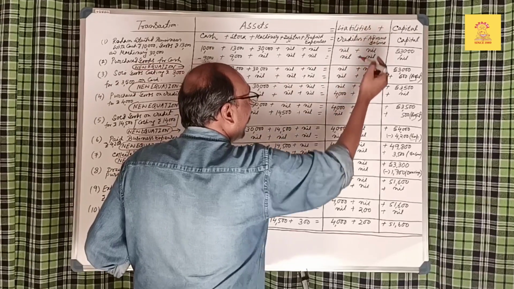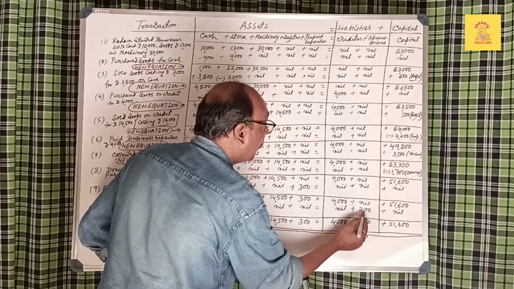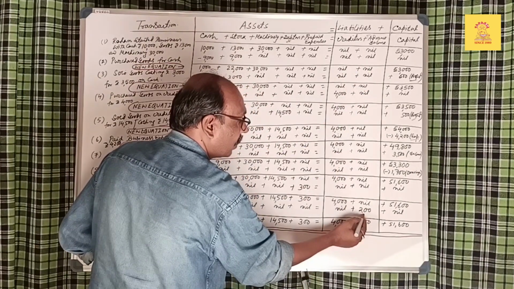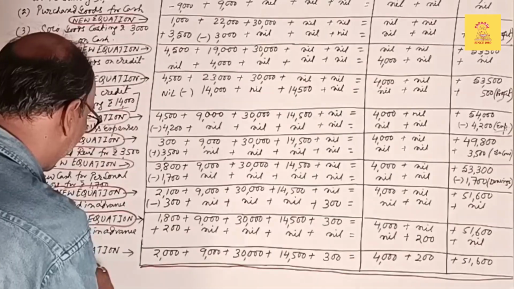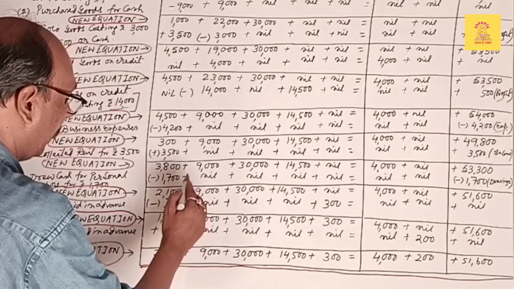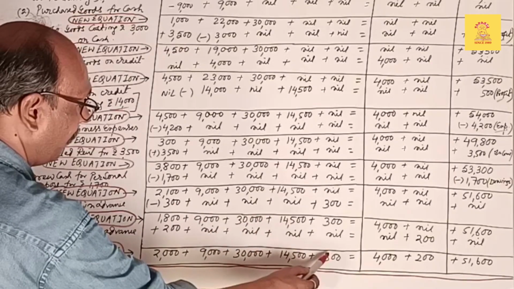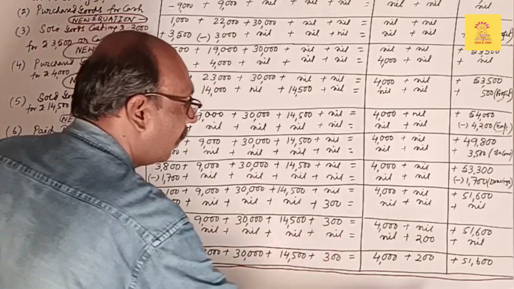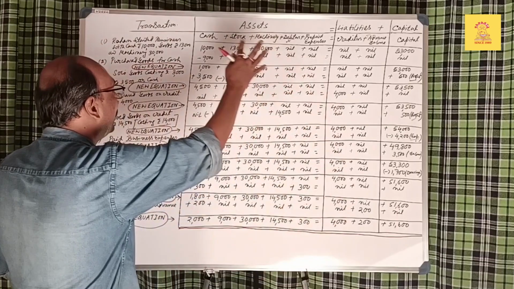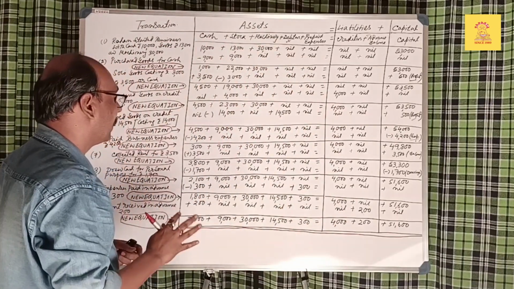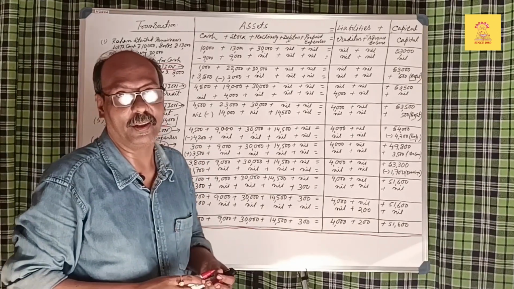Here advance income is 200, so your liability increases by rupees 200 and there is no effect on capital. So the final new equation becomes 2,000 plus 9,000 plus 30,000 plus 14,500 plus 300, which will tally with 51,600 plus 200 plus 4,000. So these are the pictures of the entire transactions framed as per the accounting equation.